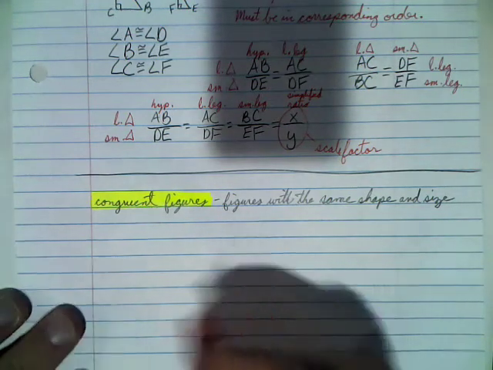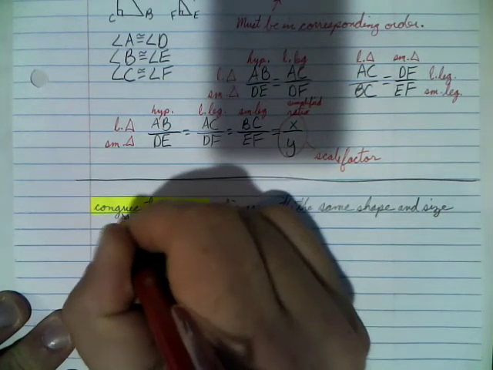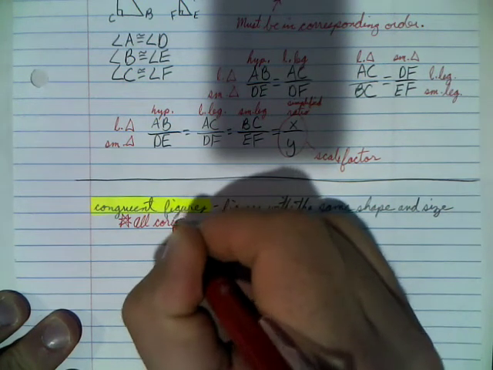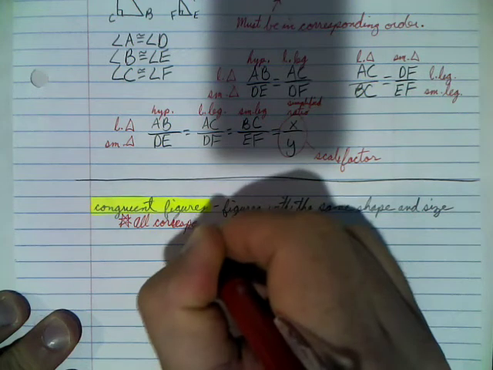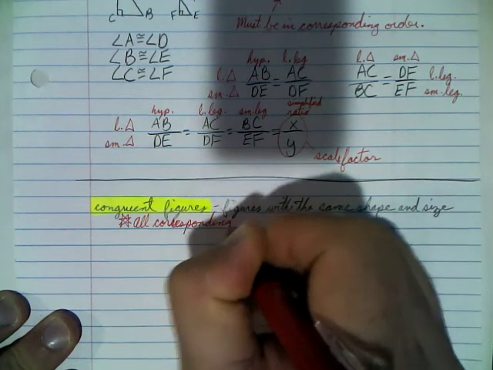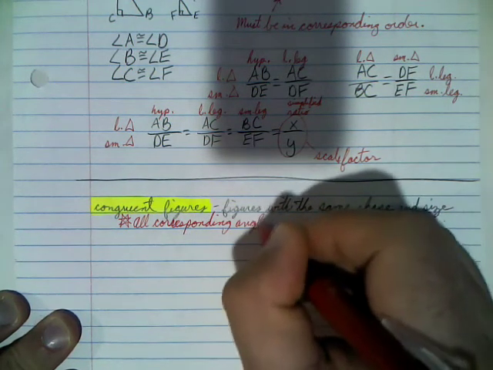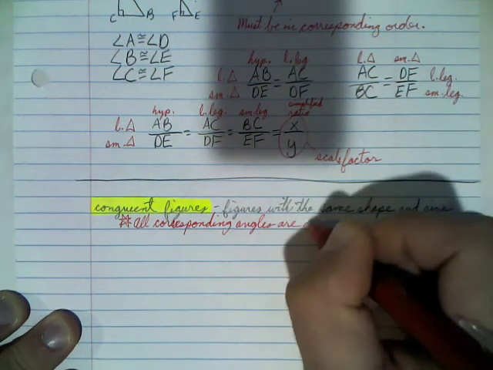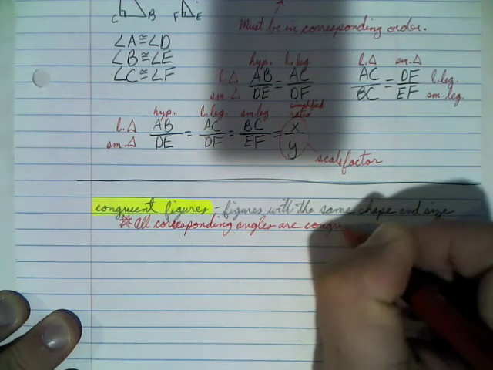Well, remember, if they have the same shape, then we know all corresponding angles are congruent. That's how you get the same shape.